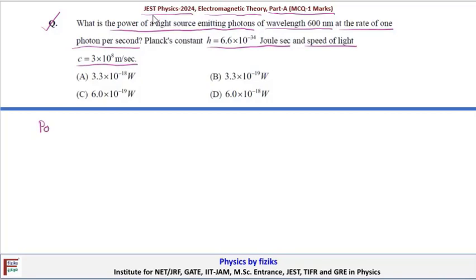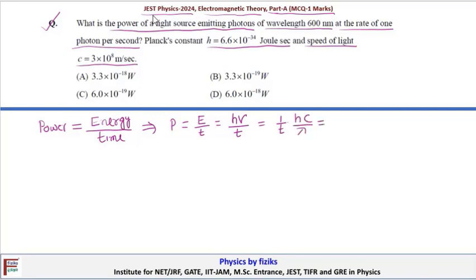power is given by energy per unit time. So we can write this as E by T, energy per unit time. E is given by h nu, where nu is the frequency, or we can write this per unit time as hc by lambda.